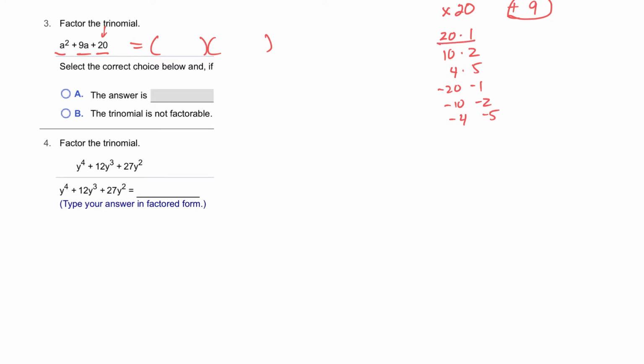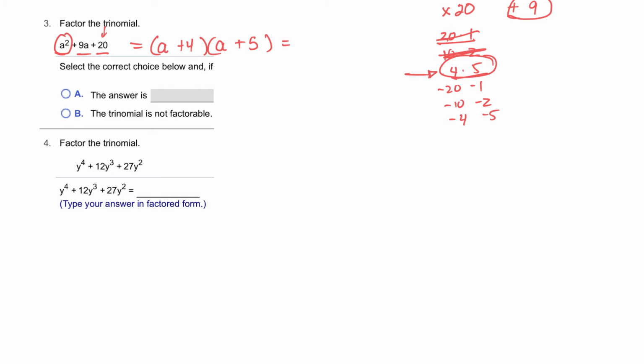This one adds to 21, that's out. 12, out. 9, that's my numbers right there. So I can take those numbers and put them in my factors. This a squared splits up into an a in this bracket and an a in that bracket, and then I just take those 2 numbers and put them in the other spots. So I'd have a plus 4 and a plus 5.